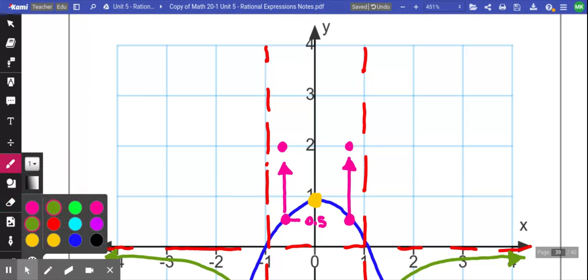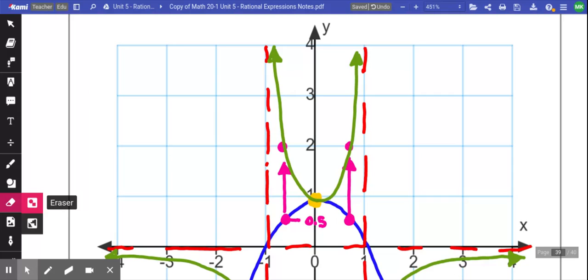My graph is going to go from my invariant point towards the point I just graphed, and then along my asymptote. And same thing other direction. And I got that by looking at other points in that section and then reciprocating them.